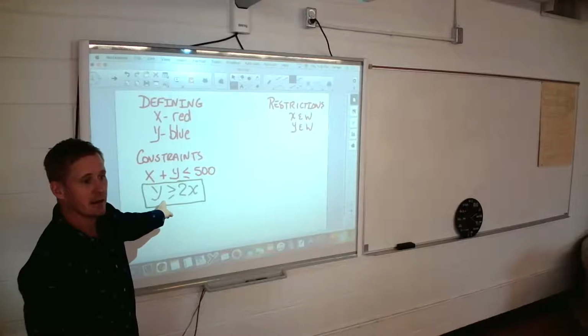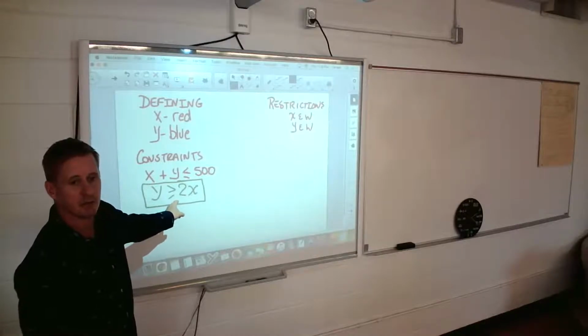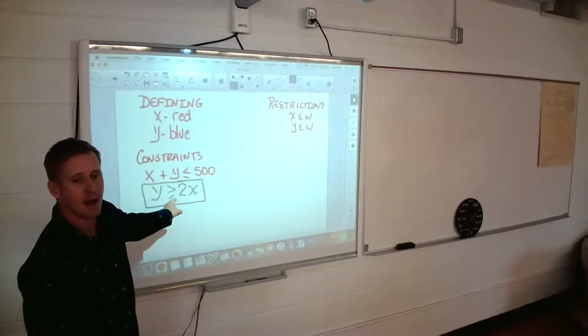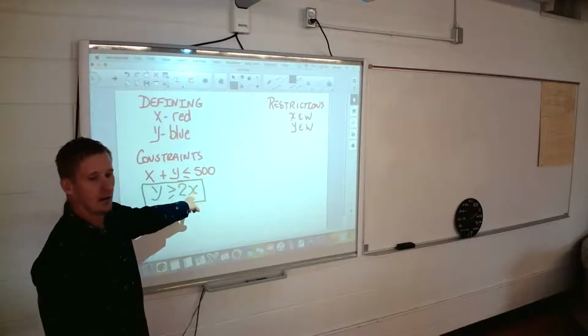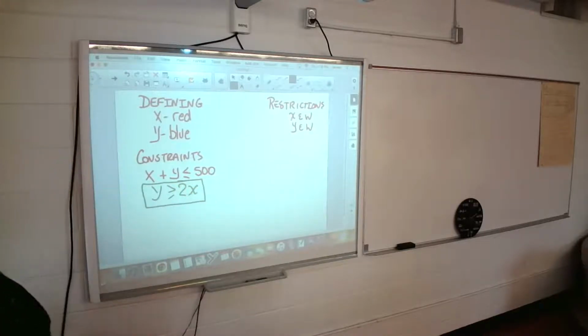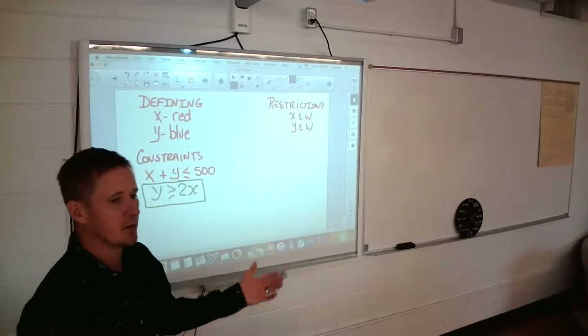This is 3. Is 3 greater than 2? Yes. But the moment I had 2 red shirts, I had to have at least 4 blue shirts. I could have 5. That's what the inequality allows us. It gives us the flexibility to have a little more than what the equality does. The equality is very specific to 1 coordinate. The inequality is specific to multiple coordinates.